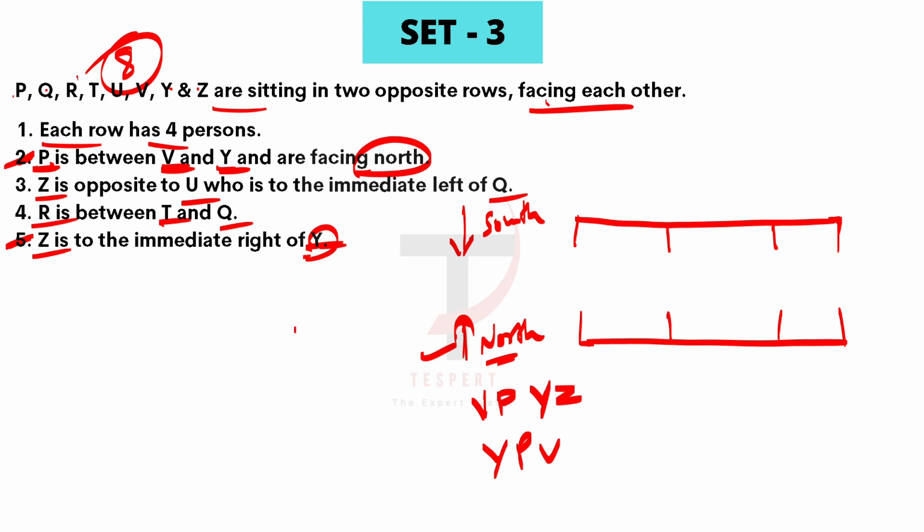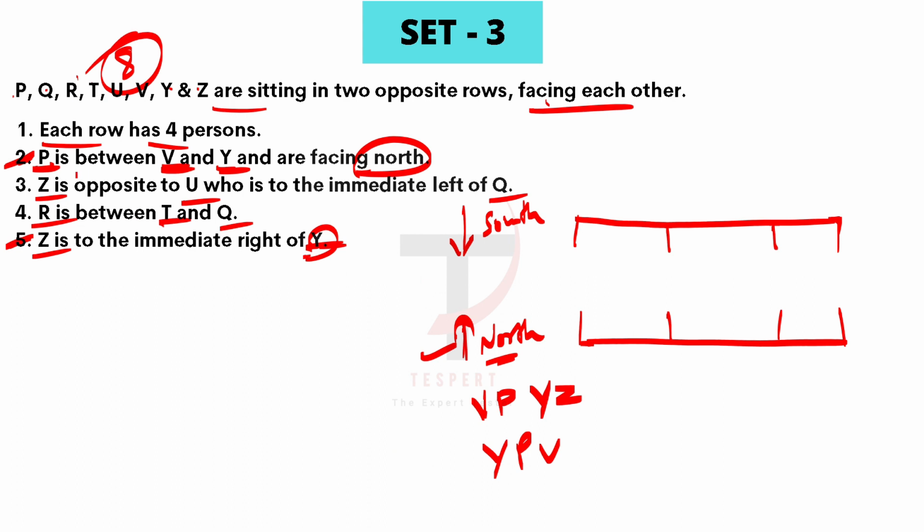So they will just immediately rule out the second case, which is not correct. All right, so there is also one more case possible, which is Z is to the immediate right of Y.